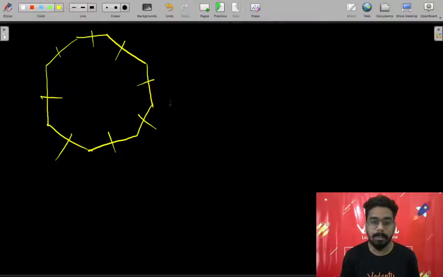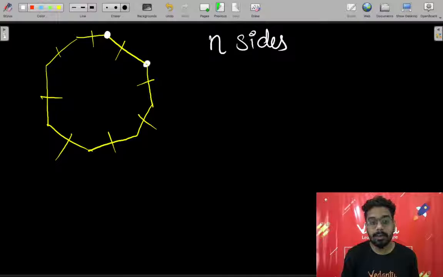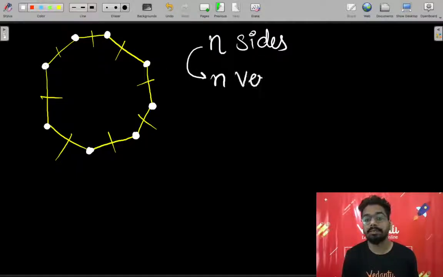Just for the sake of example, this is an octagon, and if we have n sides, we want to check how many vertices we have, or basically the corner points. So if we have 8 sides, we have 1 2 3 4 5 6 7 and 8 points. We have 8 points and 8 sides. So if we have n sides, we are going to have n vertices.